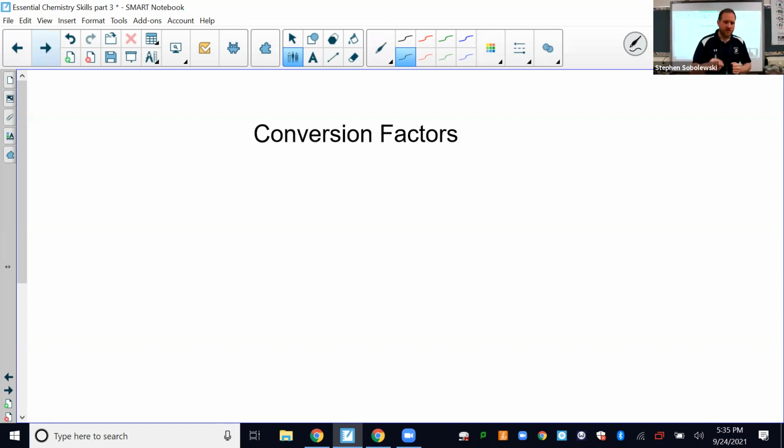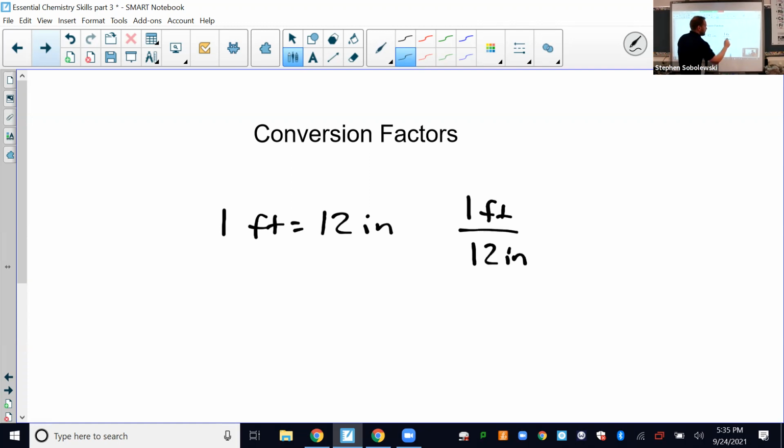It's about unit conversions. It's all based on the concept that multiplying something by 1 doesn't change its value, but it can change its unit. For example, 1 foot equals 12 inches, right? We all agree? Well, I can now turn this into a fraction where I have 1 foot divided by 12 inches.